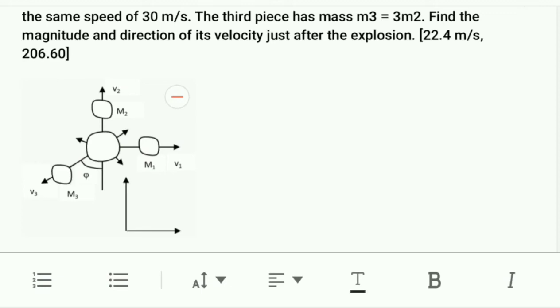For m1 and m2, we know that the speed is 30 meters per second. The speeds are equal.